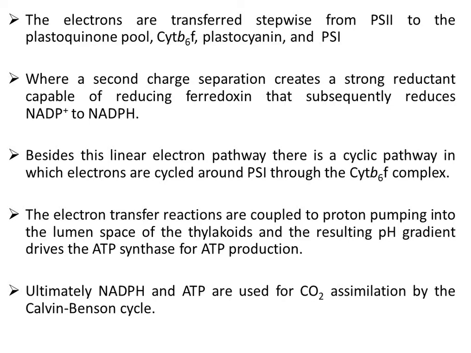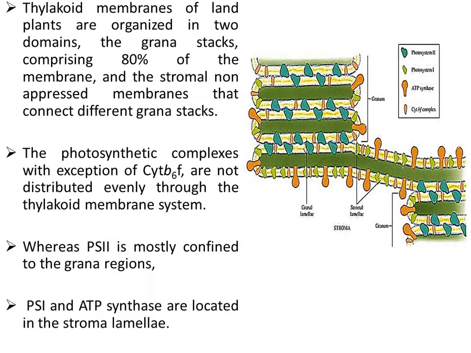Besides this linear electron pathway, there is a cyclic pathway in which electrons are cycled around PS1 through the cytochrome B6F complex. The electron transfer reactions are coupled to proton pumping into the lumen space of the thylakoids, and the resulting pH gradient drives the ATP synthase for ATP production. Ultimately, NADPH and ATP are used for CO2 assimilation by the Calvin-Benson cycle.